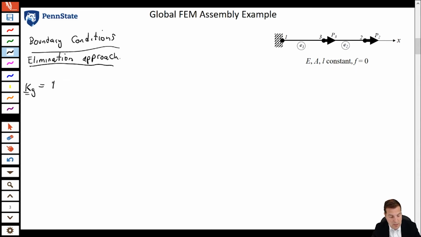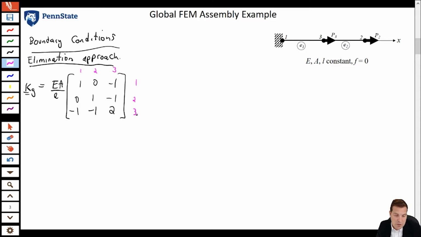That's E A over L, 1, 0, negative 1, 0, 1, negative 1, negative 1, negative 1, 2. We have our global node numbering of 1, 2, 3, 1, 2, 3.